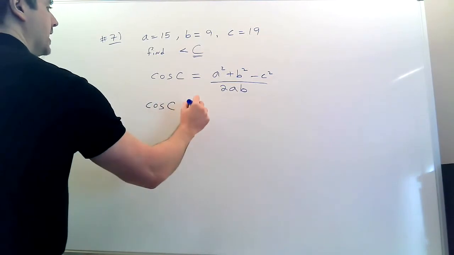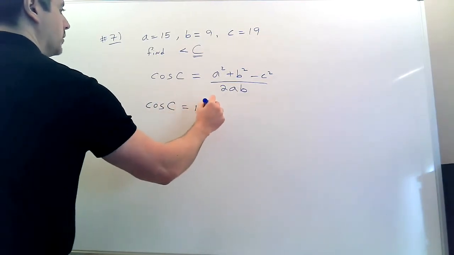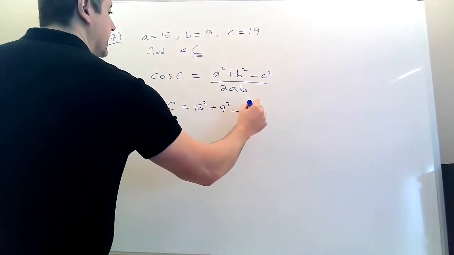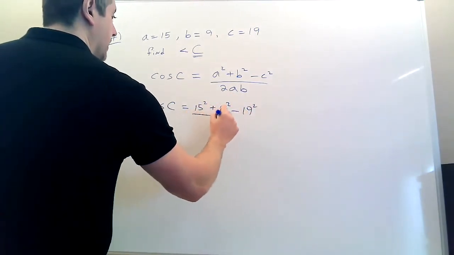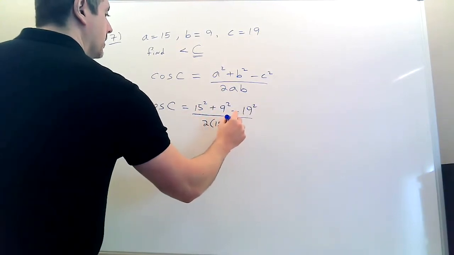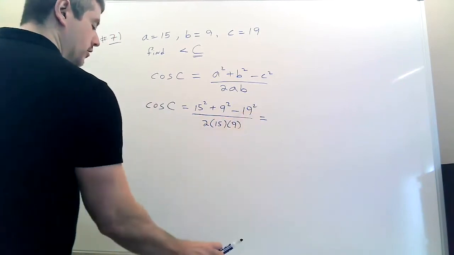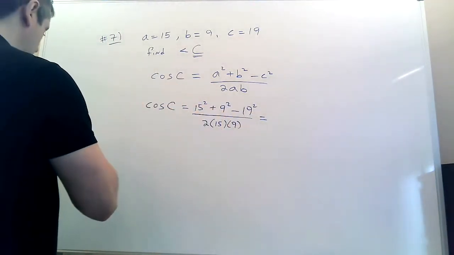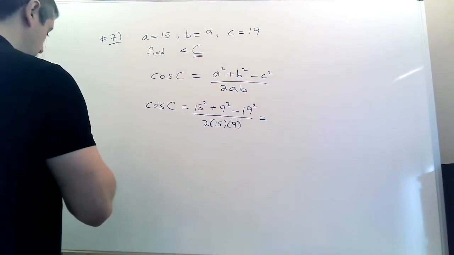Cosine of angle C: A is 15. That's pretty big. 9. And then you're taking away 19, which is very big. That's going to end up making that negative. And then on the bottom, you have 2 times 15 times 9. So rather than embarrass myself, I know this is 225. I know this is 81. I don't know what 19 squared is off the top of my head. Is it 379? 389?